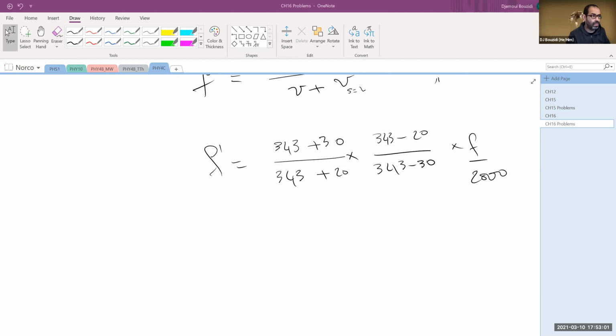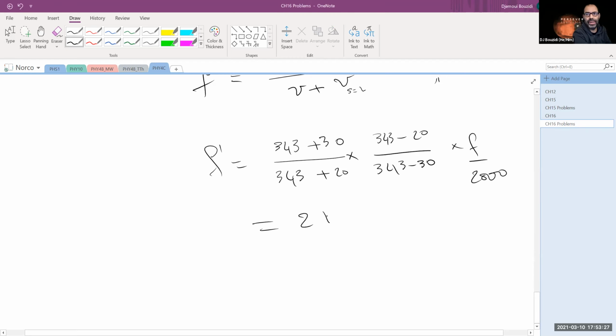Times 2000, divided by, open parentheses, 343 plus 20, that's 363, times 343 minus 30, that's 313, okay? And what is the number? 2120.7 hertz. So indeed, 2121 hertz, but because we only have 3 significant figures in the problem, it's 2120 hertz, which is more than the 2000 hertz, as expected.